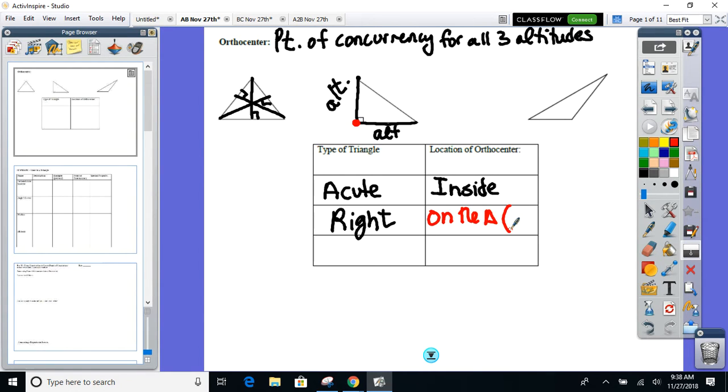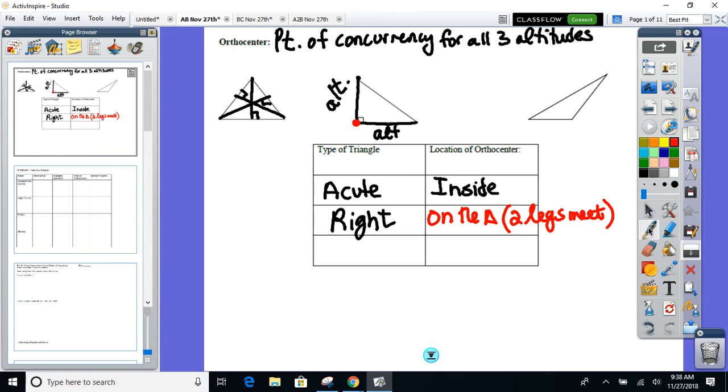Specifically, I would put in parentheses where on the triangle. How can you describe that location? How about where the two legs meet? All right, so for a right triangle, it's going to be where those two legs meet.